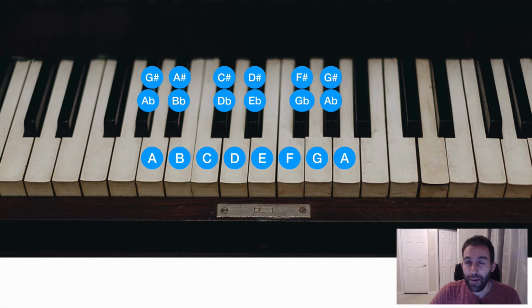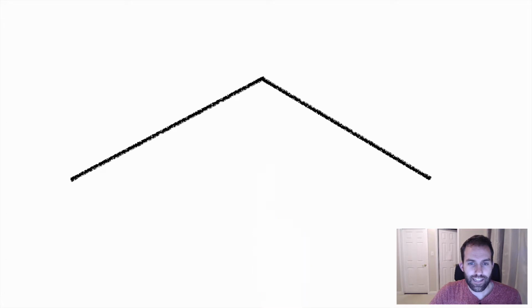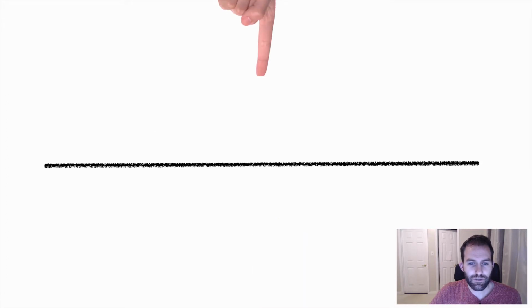And one way that might help you remember this is if you think of a line, if it's just a straight line, if you were to push it up, that would make it sharp. You know, it's got a little point to it, and that would make it a little sharper. If you were to then take that and push it down, well, then that would flatten it back out.